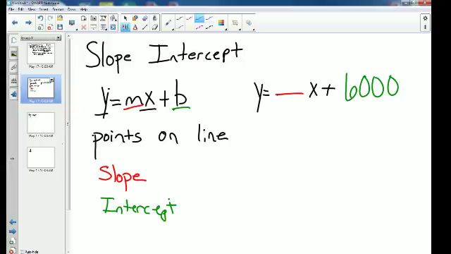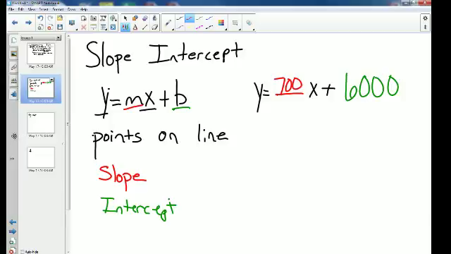The expense rises $700 each month, so your slope is going to be 700. So you just wrote your equation, and you'll do graphing and solving in another lesson. So your total expense model is y is equal to 700x plus 6,000.